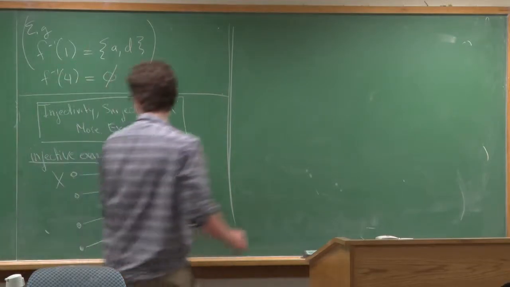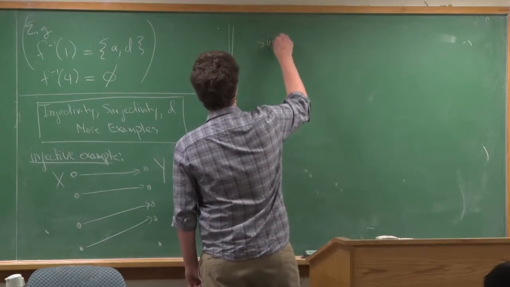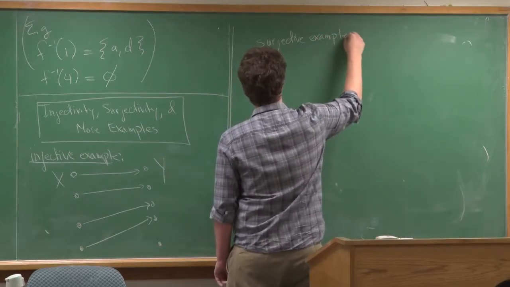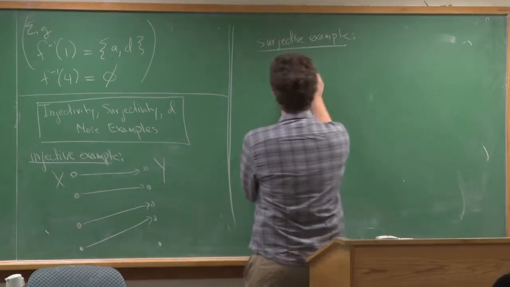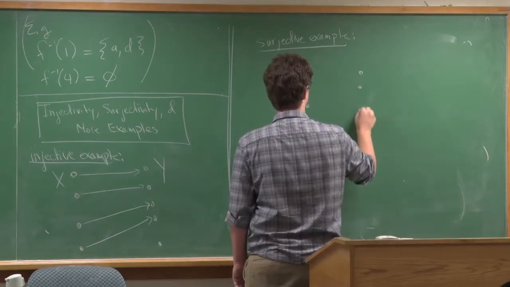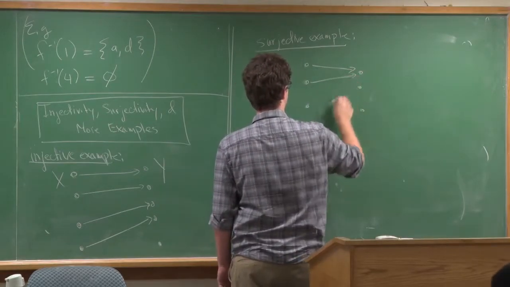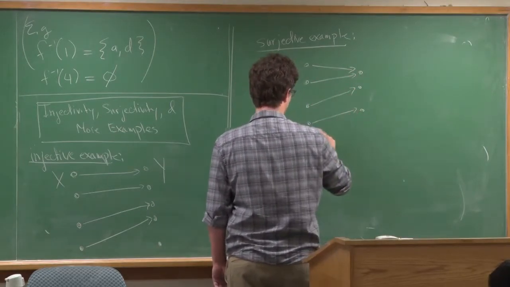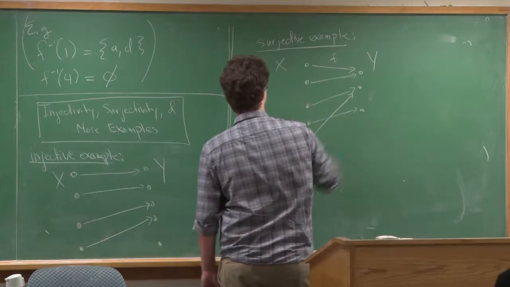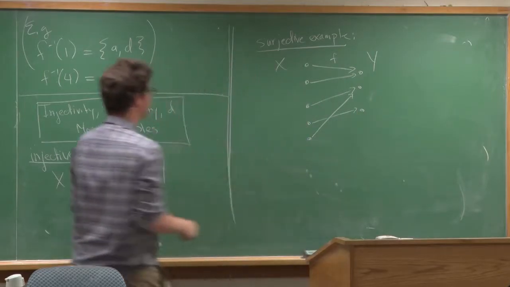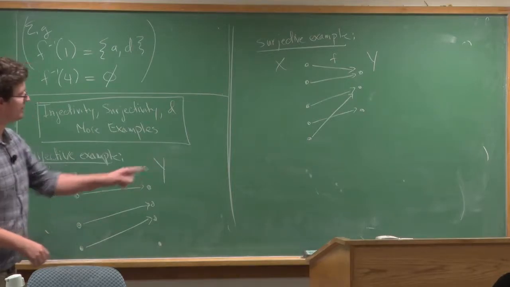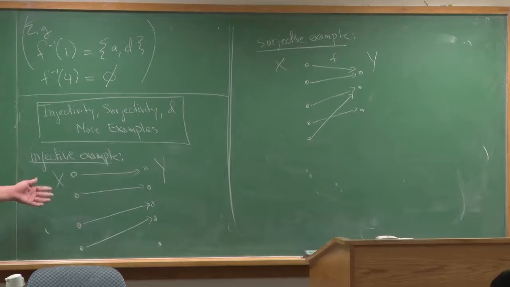Okay, so here's a surjective example. I don't know, you could have something like this. Okay, so here's X, here's Y, and then this is the function f. Do you guys see what's going on here? So this one is not injective, right? And this one is.